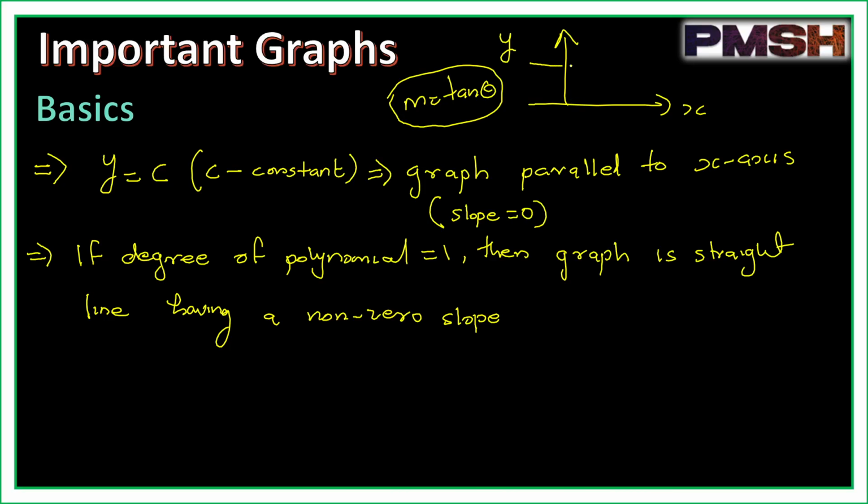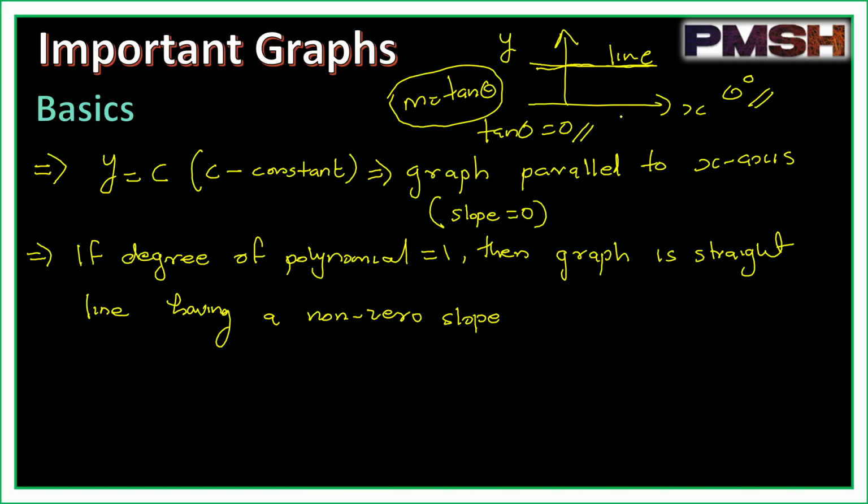If a line is parallel to the x-axis, the angle made by this line with the x-axis will be 0 degrees, and we know that tan 0 is nothing but 0. So if a graph is parallel to the x-axis, the slope becomes 0, because the angle is 0 and tan theta becomes 0.